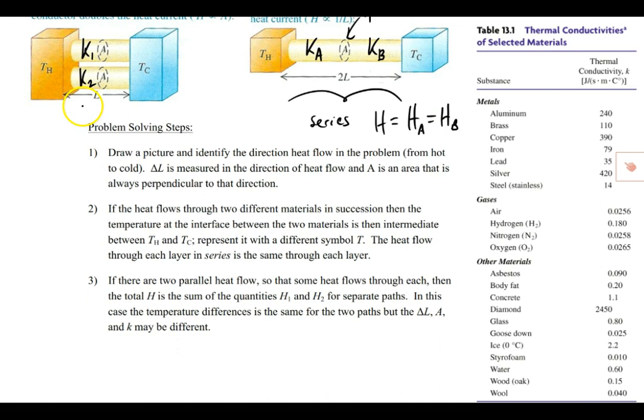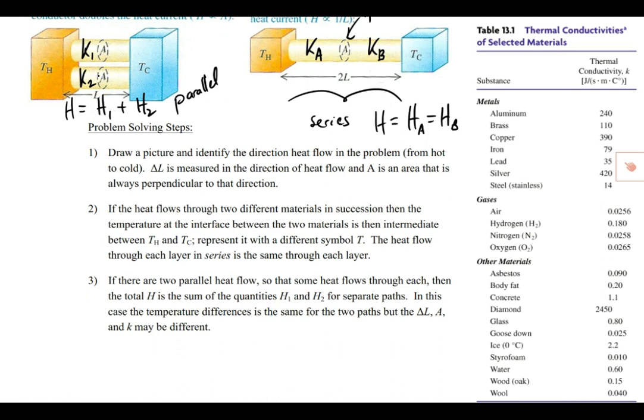But over here, the total heat flow rate would actually be the heat flow rate through 1 and the heat flow rate through 2, added up together. So this is what we'd call a parallel situation, where the layers are in parallel. You may remember what you did with circuits, electrical circuits, very similar. These are like two resistors in series, and these are two resistors in parallel.